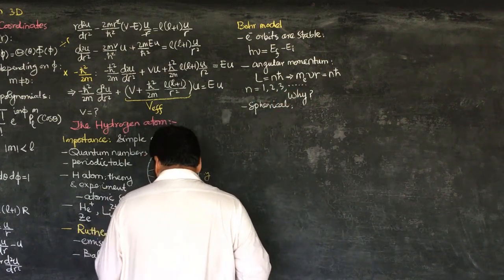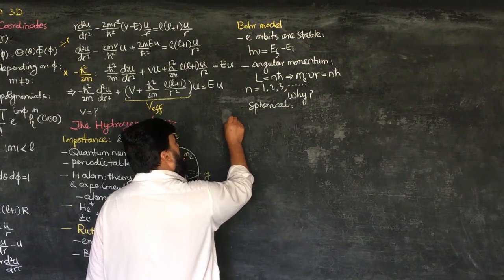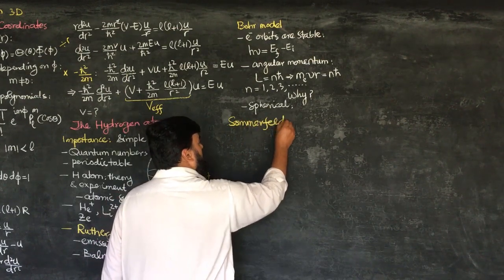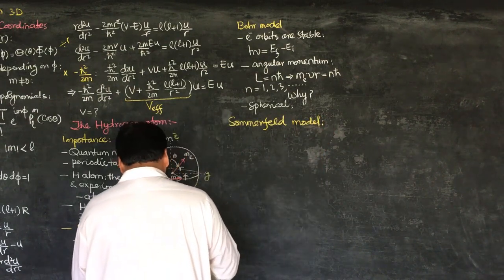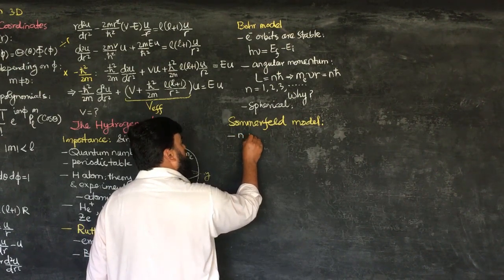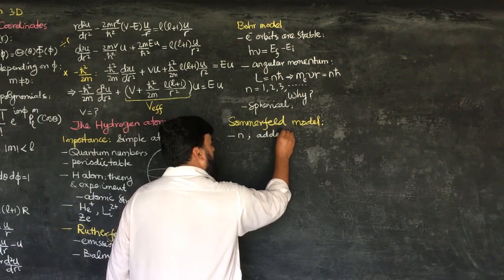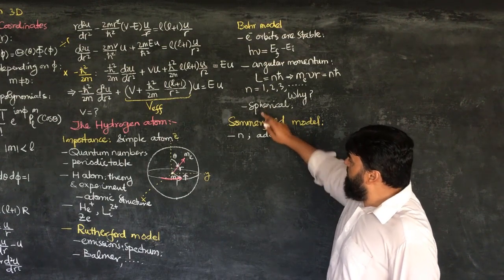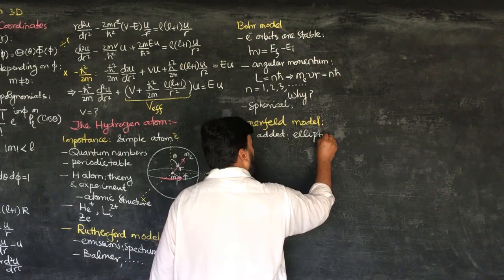Now some modifications were made to the Bohr model. For example, the Sommerfeld model kept the principal quantum number n of Bohr, but it added that some of the orbits are spherical, but some are elliptical as well.